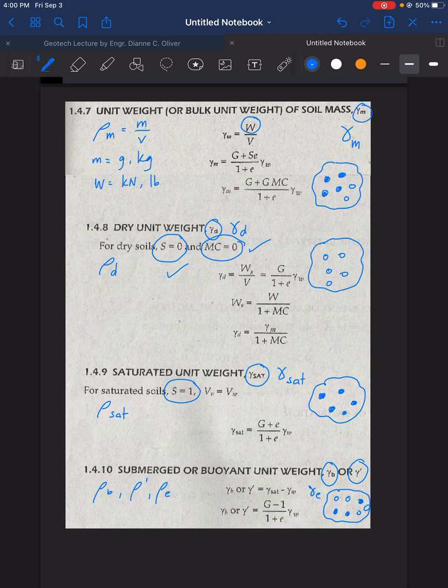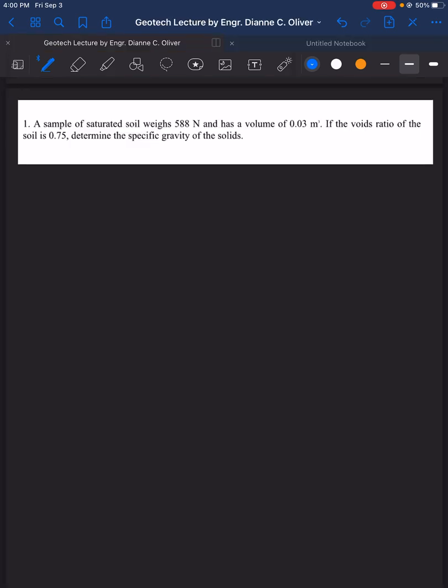Okay? So let's go back to the sample problems. Let's solve sample problem number 1. A sample of saturated soil weighs 588 Newton and has a volume of 0.03 cubic meter.